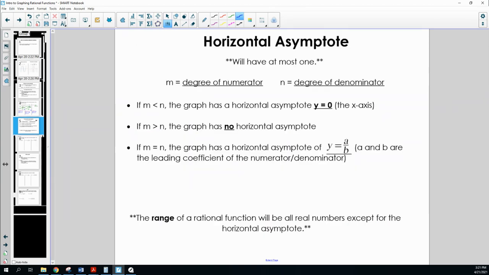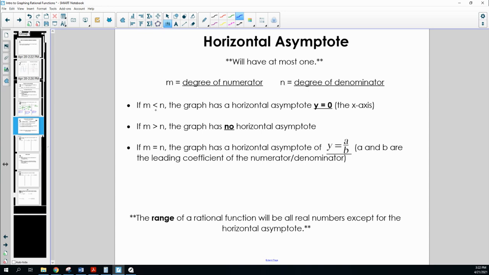Okay, next we're going to look at horizontal asymptotes. So graphs will have at most one horizontal asymptote. When we focus on the horizontal asymptote, we're going to focus on the degree of the numerator and compare it to the degree of the denominator. So for purposes of explaining, we're going to call m the degree of the numerator, and n the degree of the denominator.